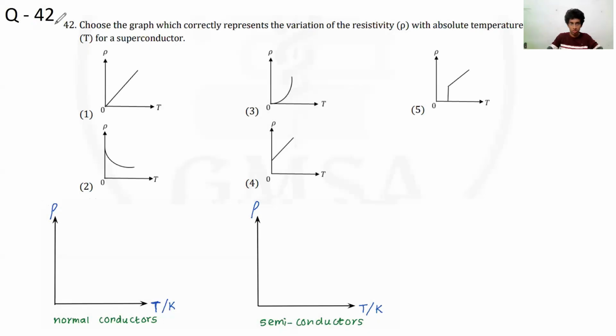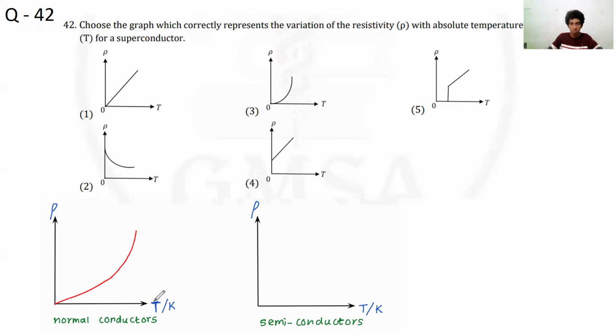Question number 42. Choose the graph which correctly represents the variation of the resistivity rho with absolute temperature T for a superconductor. First of all, let's see how the resistivity varies with temperature in normal conductors. In normal conductors, the resistivity varies with temperature like this.